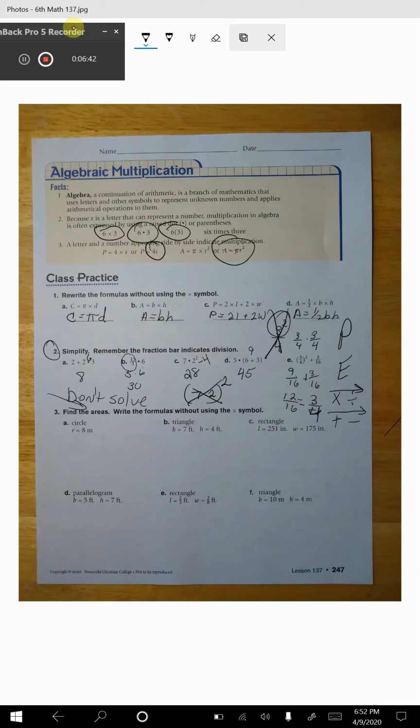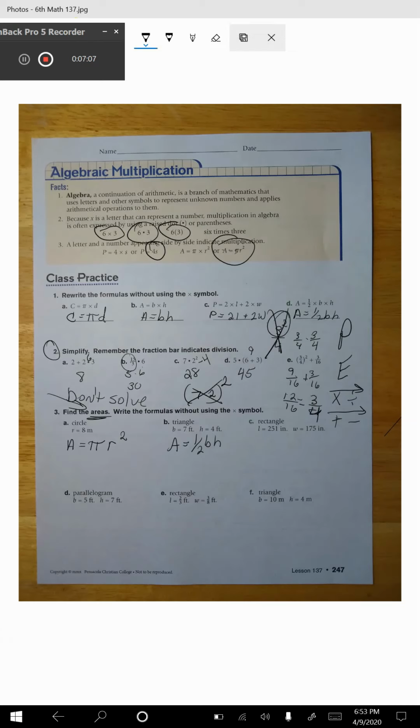So the area of a circle is pi times radius squared. So we're going to write it without the times. Area of a triangle is area equals 1/2 times base times height.